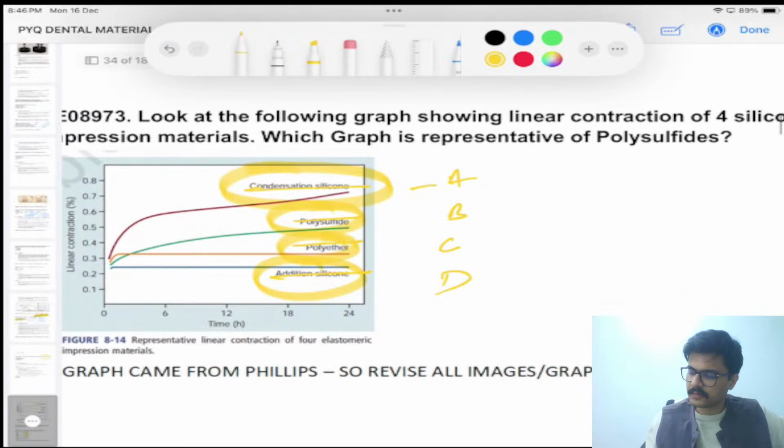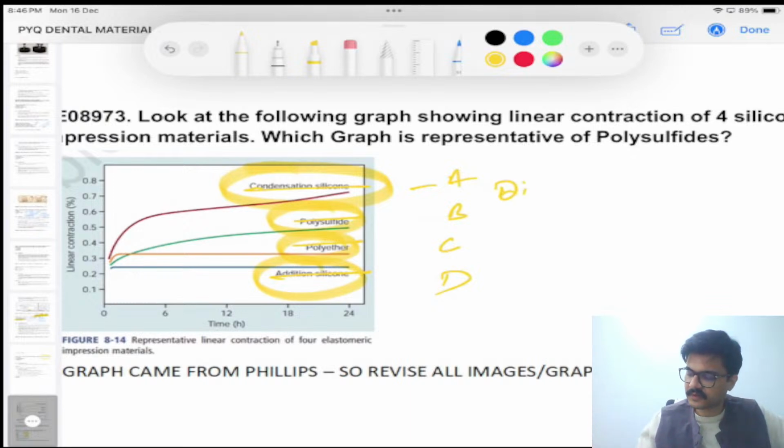And the graph which would represent polysulfide would be the one which is undergoing significant dimensional changes when it is immersed in, say, water or just left on the bench, right? Not poured immediately. But the highest would be with condensation silicone, right?